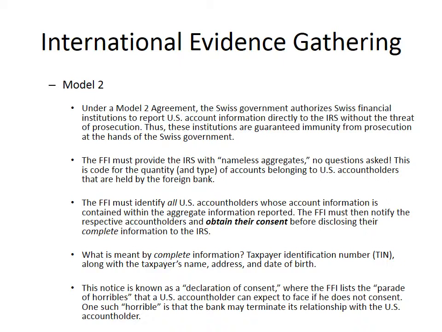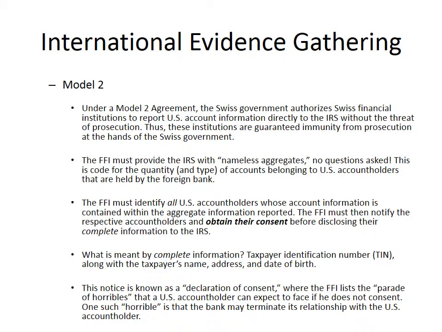Now, what is meant by complete information here? It includes taxpayer identification number, taxpayer's name, address, and date of birth. The notice that I've referred to here, when I say that the Swiss bank has to notify the respective account holders, this notice is oftentimes called a declaration of consent.